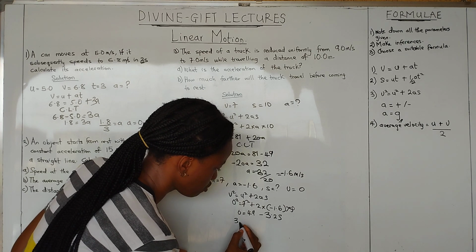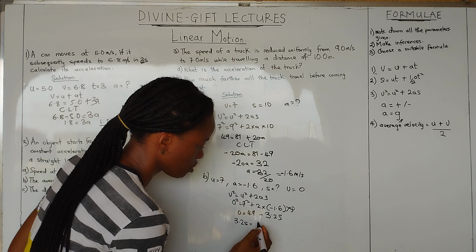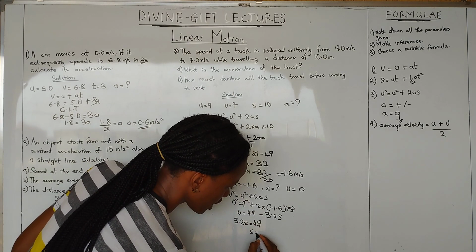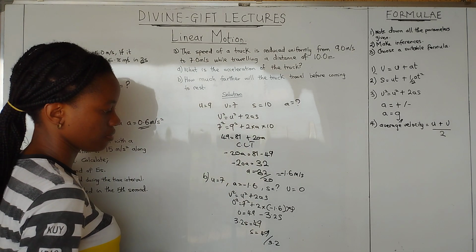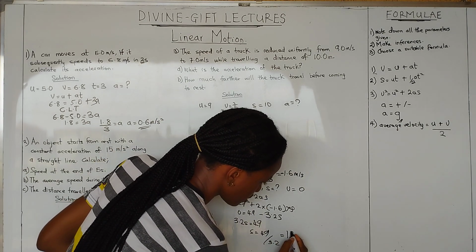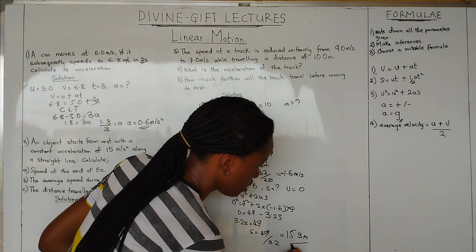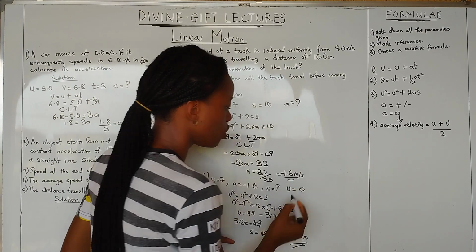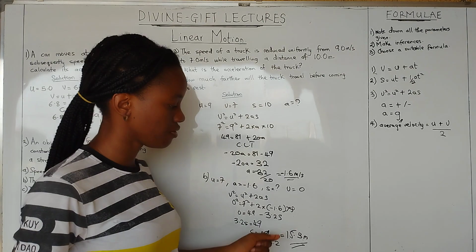Bringing this over here, we have 3.2s is equal to, minus becomes positive, so 3.2s is equal to 49. Divide both sides by 3.2, we have s is equal to 49 all over 3.2. And this gives us at the end of the day 15.3 meters. Please don't forget to put down your units. So at the end of the day, we have that the answer for B is 15.3 meters.